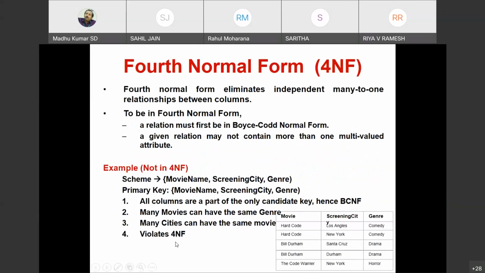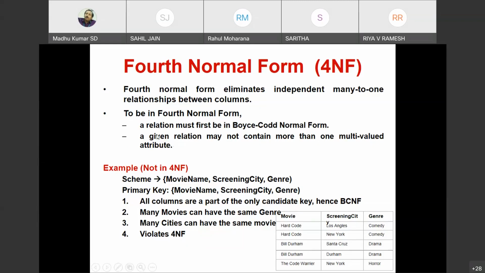Okay, so the fourth normal form is defined based on multi-valued dependency. The concept of functional dependency fails after BCNF, so there you generalize FD and introduce something known as MVD. The fourth normal form eliminates independent many-to-many relationships between columns. A teacher teaching many courses and a course being taught by many teachers, such things are avoided.